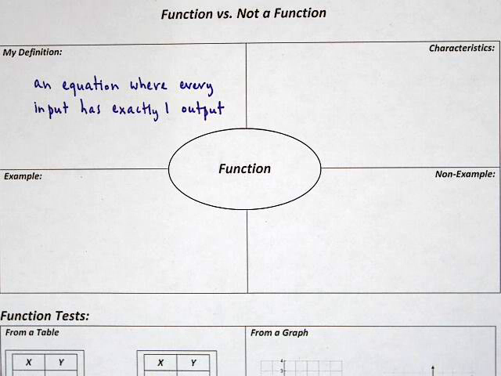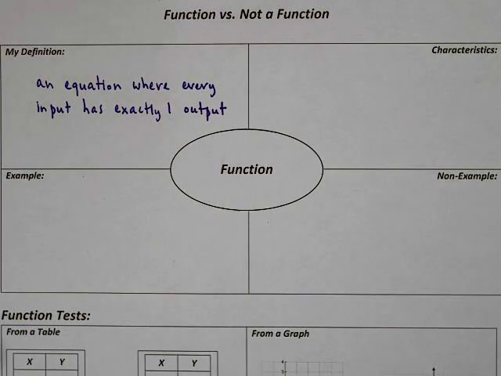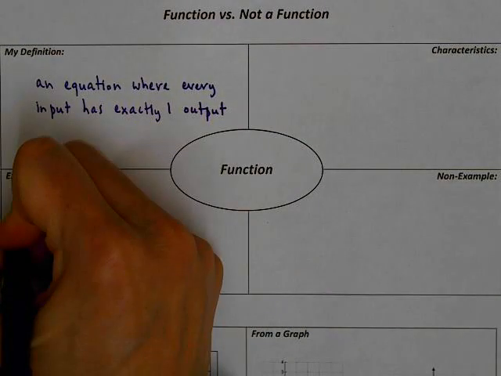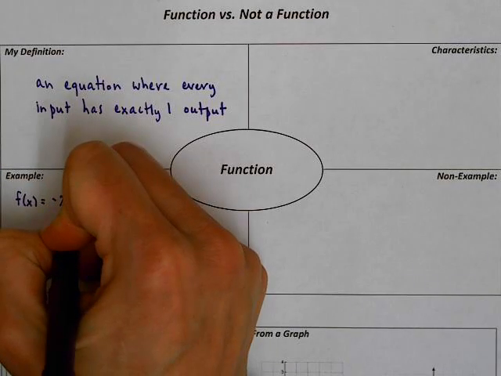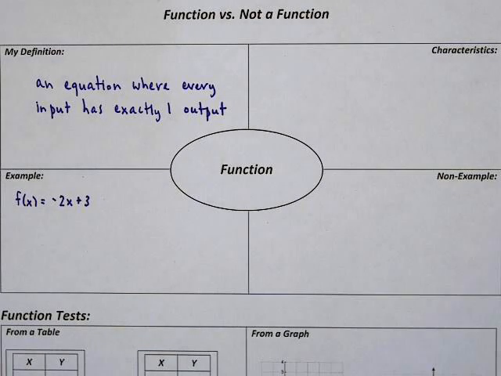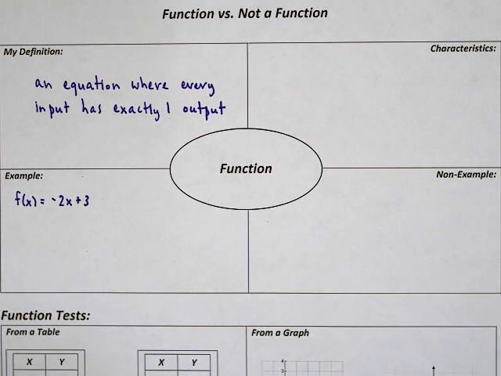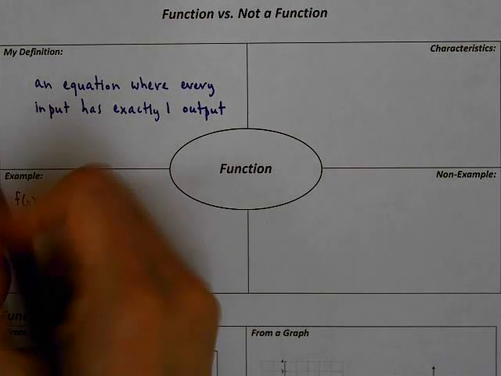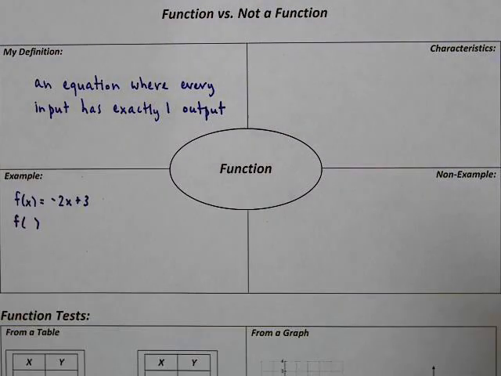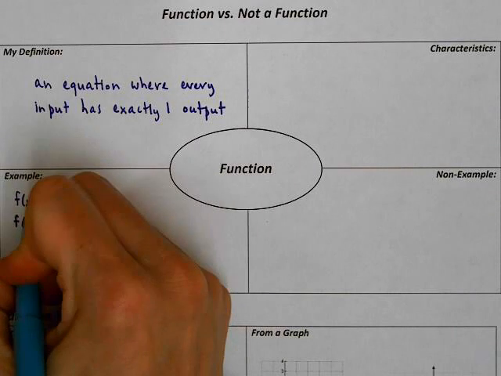So for an example, we've been talking about functions that look like this. So maybe we have a function f of x equals negative 2x plus 3. So let's say I have this function and I'm going to put in an input, and let's say my input's negative 1. So I'll do f of negative 1.